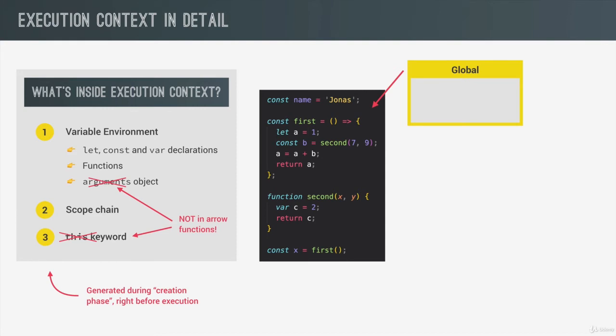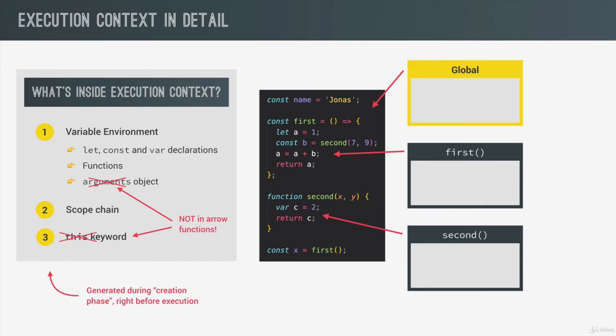So one for the first function and one for the second function. In the global context, we have the name variable declaration, the first and second function declarations, as well as the x variable declaration. For the functions, the variable environment will literally contain all the code of a particular function.